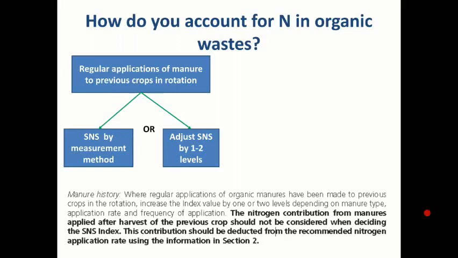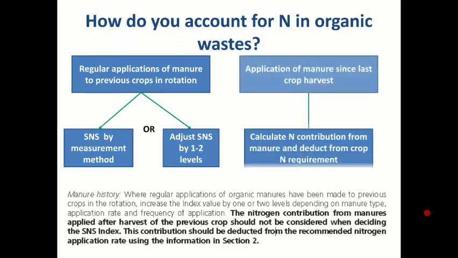So if you've been putting regular applications on in previous crops, then your soil nitrogen supply index should reflect that, either by doing the measurements or by adjusting it by 1 or 2 levels. So that's one way you account for it.